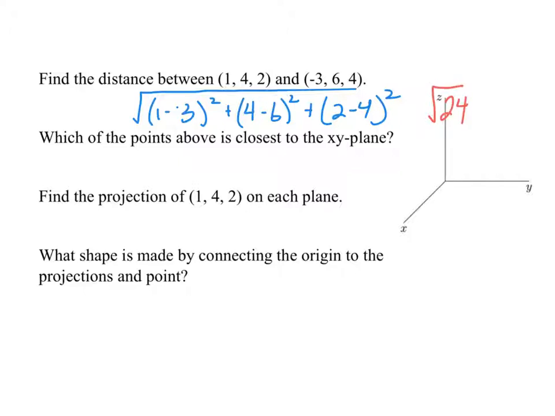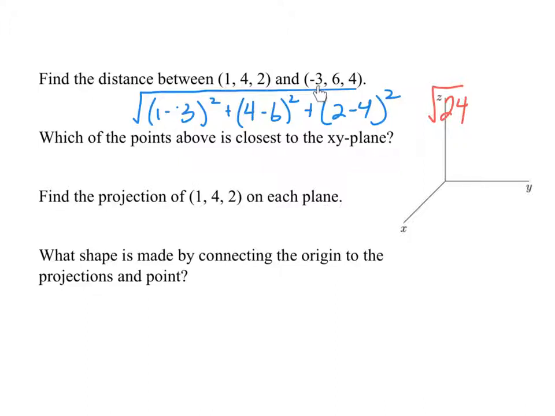Okay. Next, which of the following points is closest to the xy plane? So this is like saying, okay, of those 2 points, which is closest to this kind of bottom piece right here, this kind of basic xy plane? So you think about these points. This point is x is 1, y is 4, and z is 2. So it goes over 1, over 4, and up 2 units.